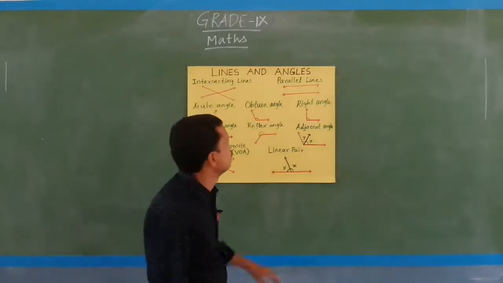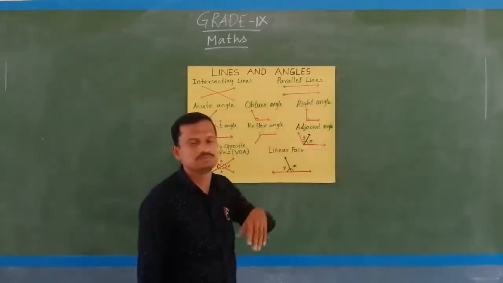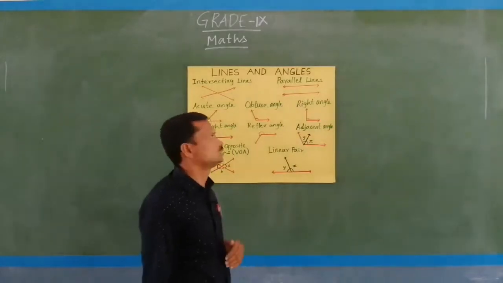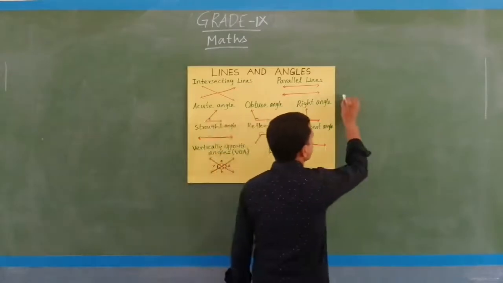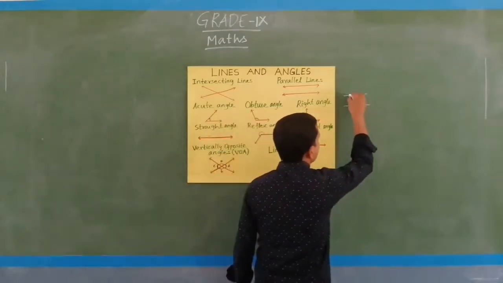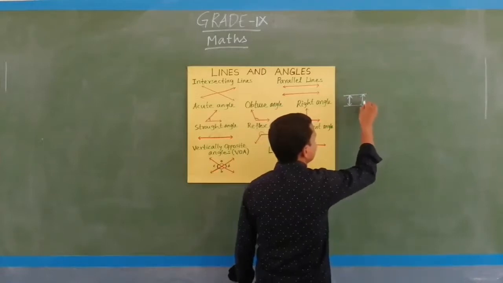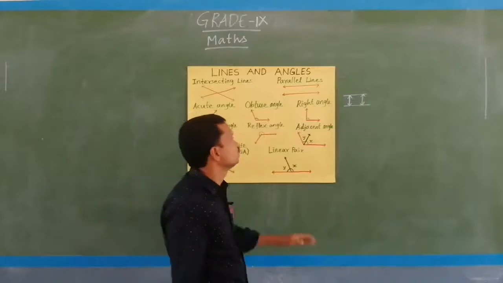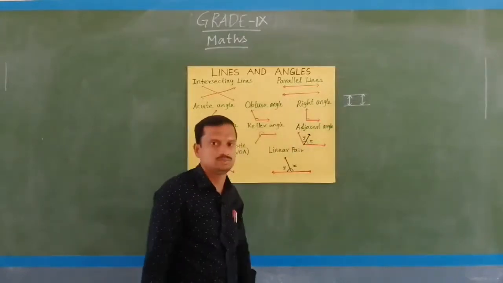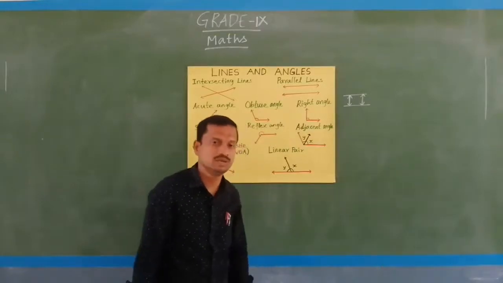And if there exists a constant distance between the two lines, that remains the same forever, so they never intersect. Non-intersecting lines are called parallel lines.